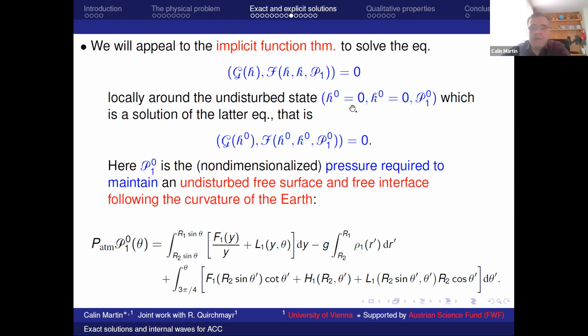So H0 equal to 0 and K0 equal to 0 means that the flow has a surface and an interface that follow the curvature of the Earth.